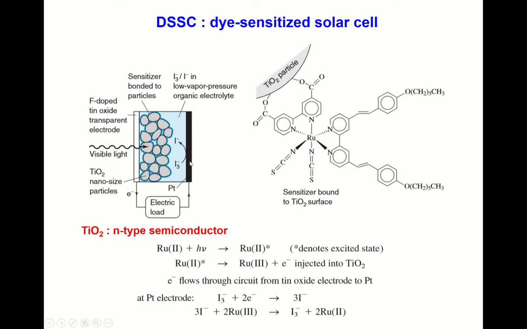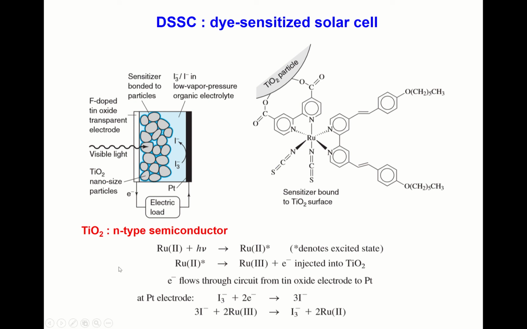Okay, here this cathode is platinum. Okay, as you know, this dye-sensitized solar cell uses a very expensive ruthenium molecule, and also platinum. This metal is very expensive. Okay, so the construction price is not cheap. That's one of the big problems.